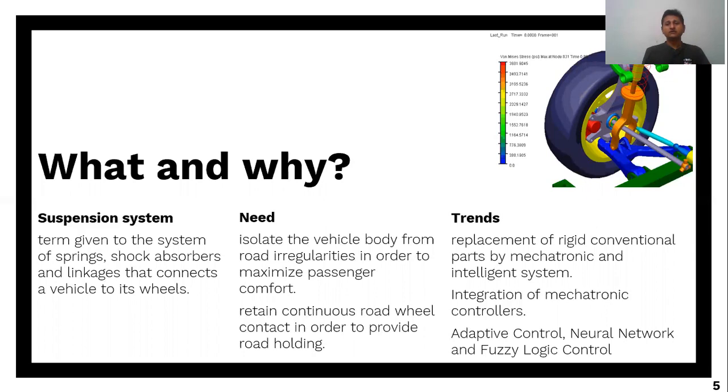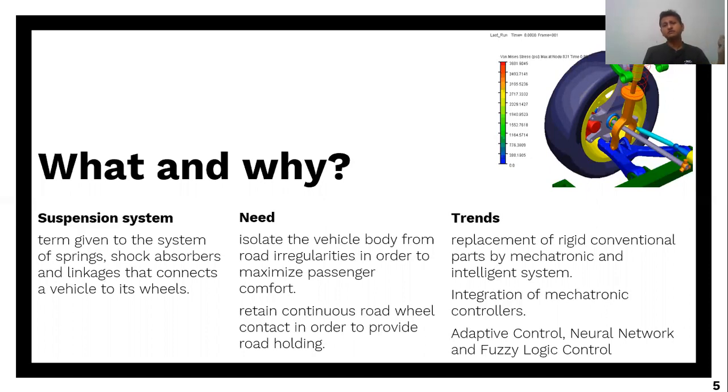For the last 3 to 4 centuries, we have been using suspension systems, but what are the new trends? What are the trends of the 21st century? An ordinary suspension system has a spring and dampers, a rigid design.